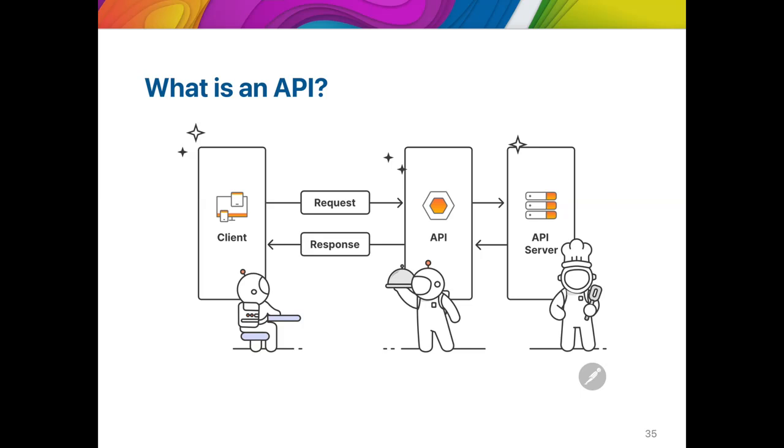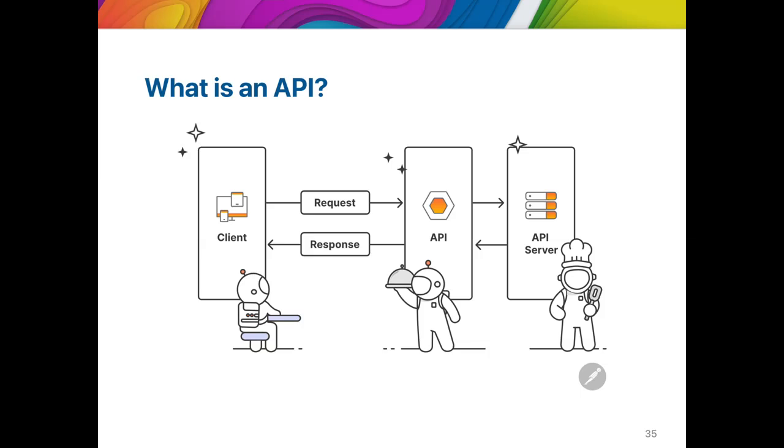Another entity is the waiter, or the server of a restaurant, which acts as the middleman between you and the kitchen. That is the API. The third entity is the chef, the cook, who makes your order or your requested data.